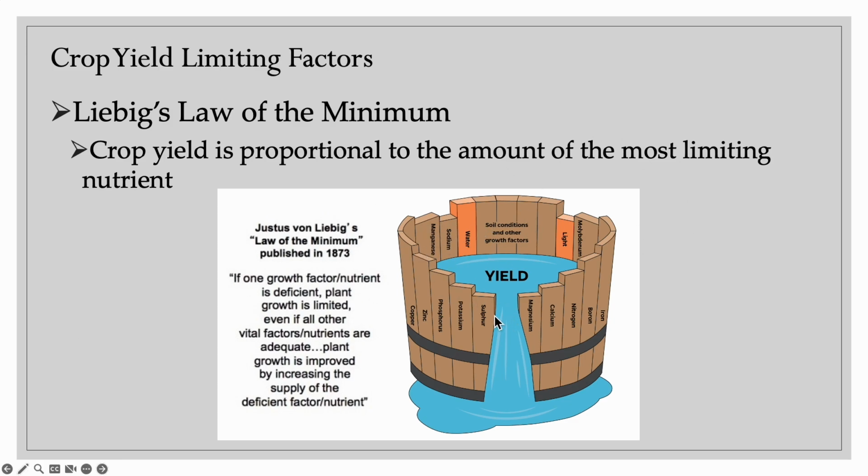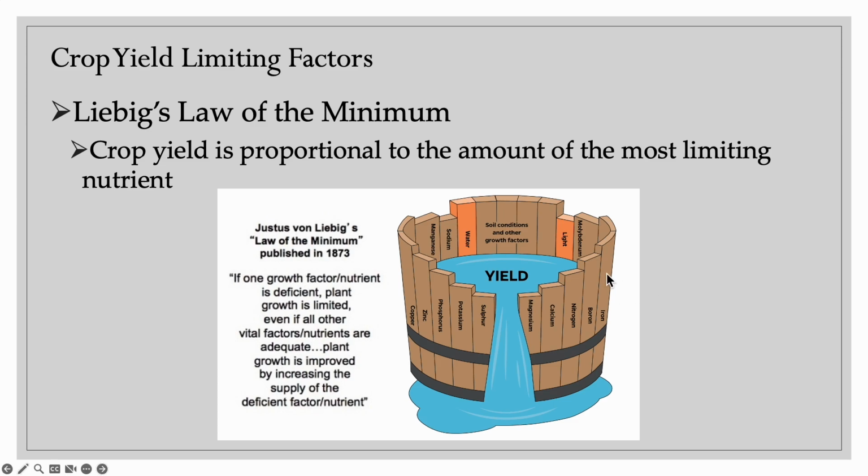This barrel picture is common when we're talking about Liebig's law of the minimum. If you have a sulfur deficiency, it doesn't matter if all of these other ones are maxed out. Your yield will only be as much as that sulfur deficiency allows.